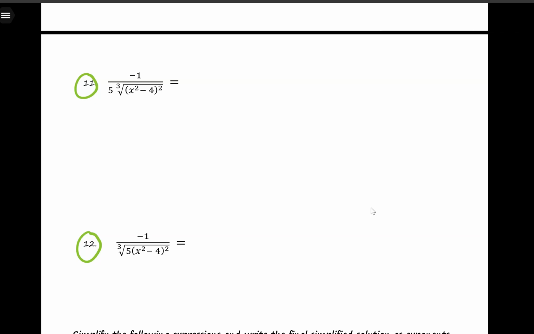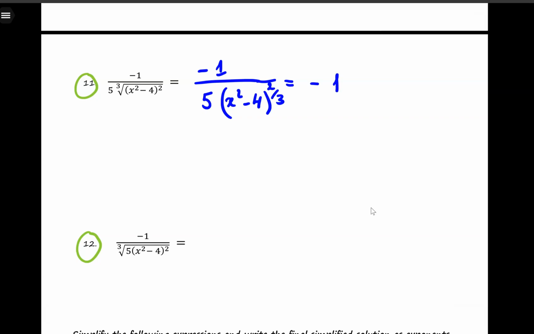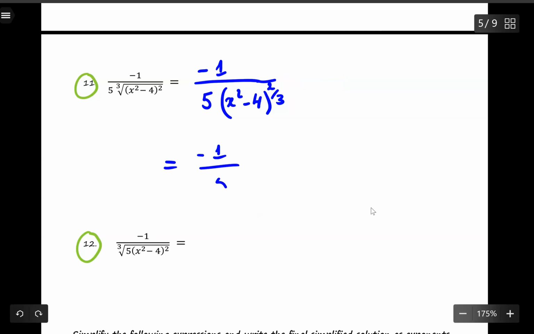For number 11, it is simply -1 divided by 5 times x squared minus 4, all of it raised to the exponent 2/3, and I just simply write it as -1 over 5 and x squared minus 4 raised to the exponent -2/3.